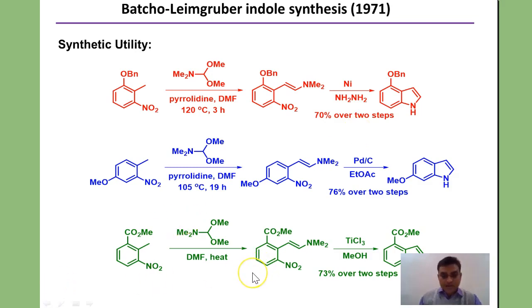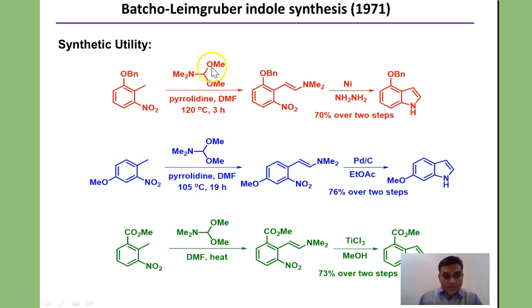Now there are important similarities between the Reissert indole synthesis as well as the Batcho-Leimgruber indole synthesis. In the Reissert synthesis, diethyl oxalate was required, whereas in the Leimgruber indole synthesis, N,N-dimethyl formamide acetal is required.